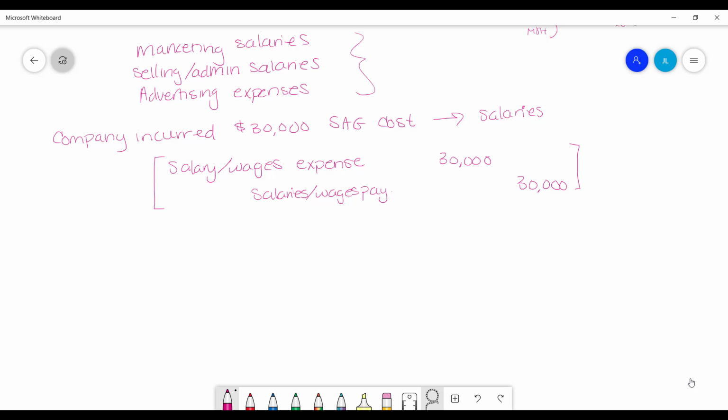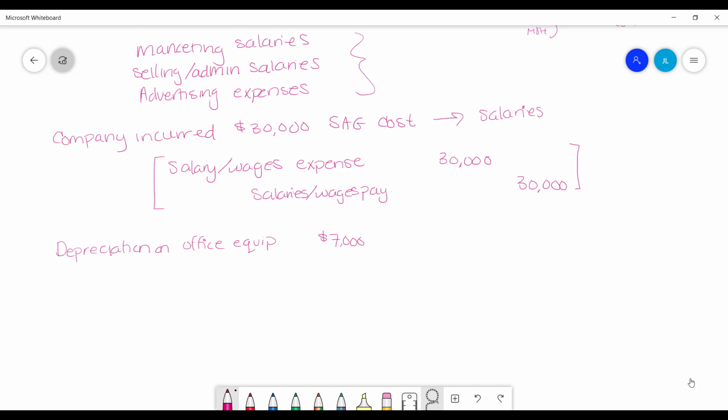Now what about if we're talking about depreciation, but not on factory equipment, but depreciation on office equipment? What would that look like? This will be reminiscent of what we learned about depreciation and how to journalize for that in financial accounting. So let's assume that for this example, this company incurred depreciation on its office equipment of $7,000. Well, if this is not depreciation on factory equipment, it's not going to be considered part of manufacturing overhead.